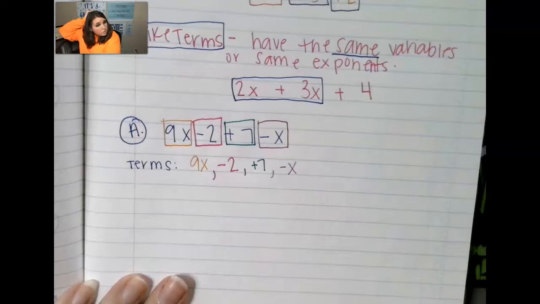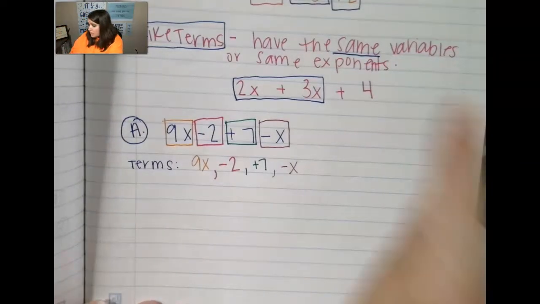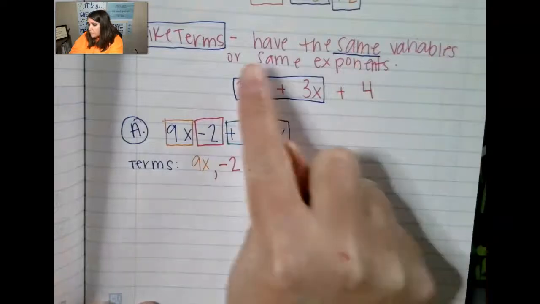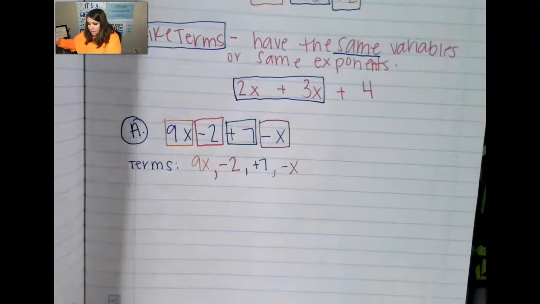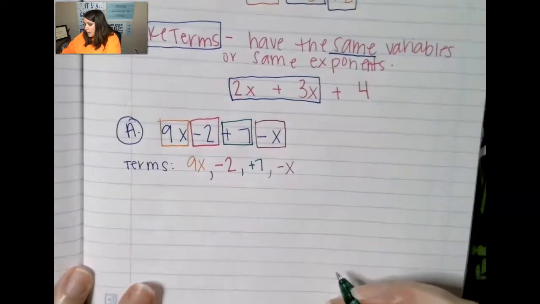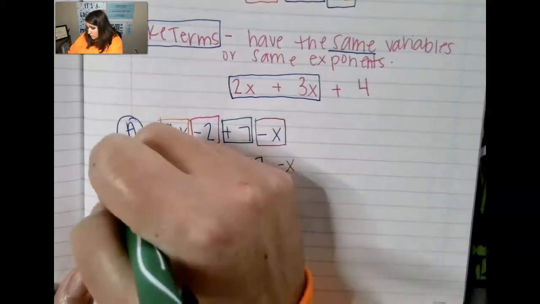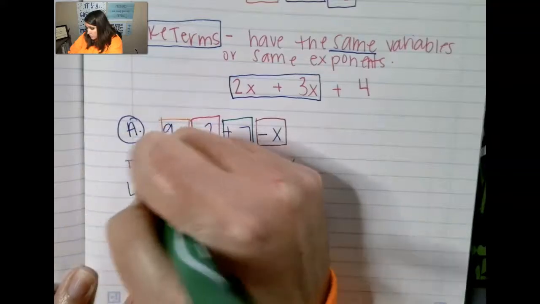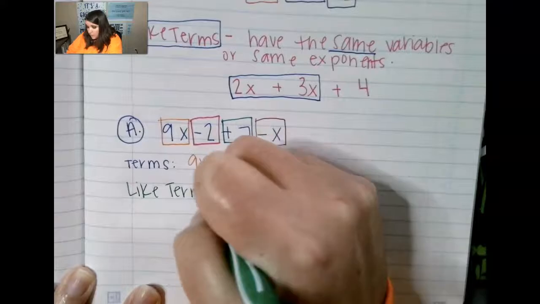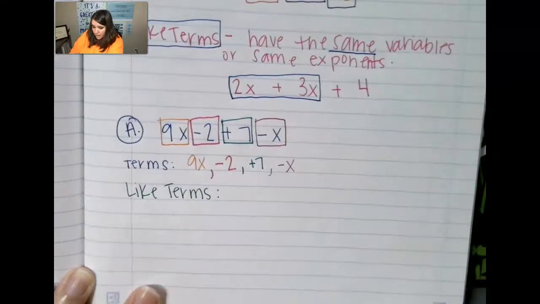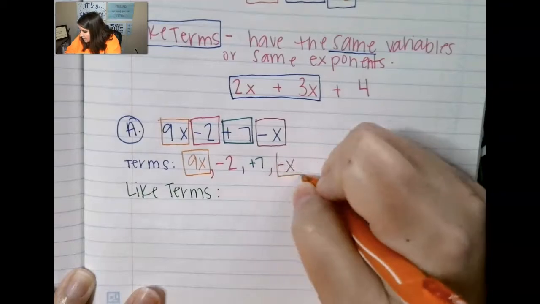So we're going to figure out what the like terms are. So like terms have the same variables or same exponents. So our like terms are the things that are the same. Like terms would be, the first one we have is this x here and this x here.